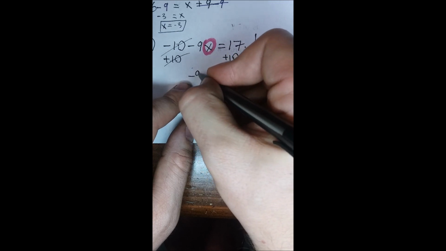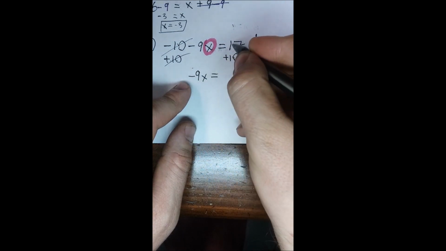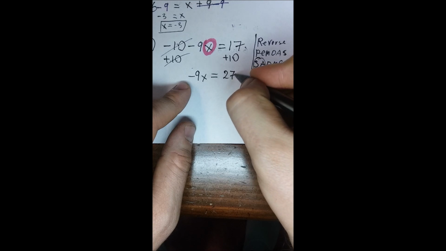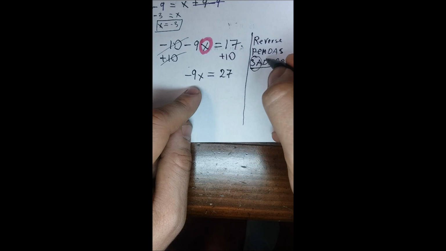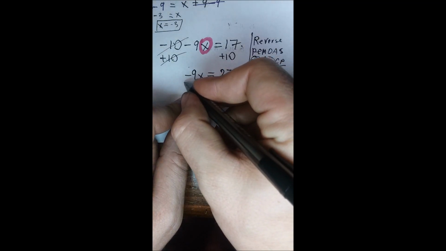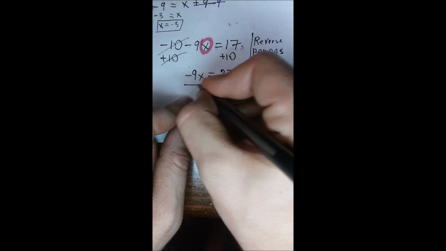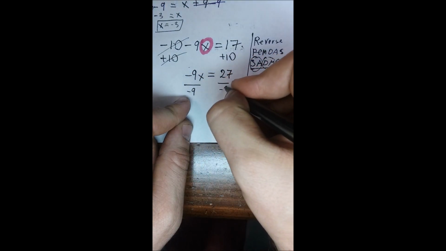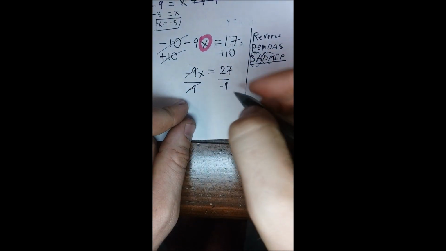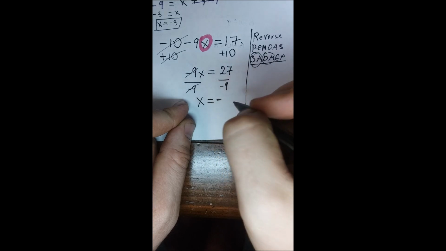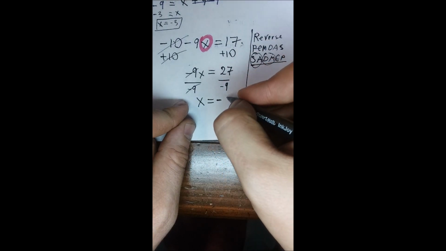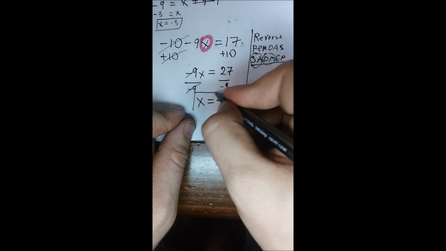What's left is negative 9x equals 17 plus 10, which is 27. Now it turns into a one-step equation. Now we do division, multiplication. So we divide both sides by negative 9. The negative 9s cancel here. So x equals negative, because positive divided by negative is negative, 27 divided by 9 is 3. There you go. x equals negative 3.